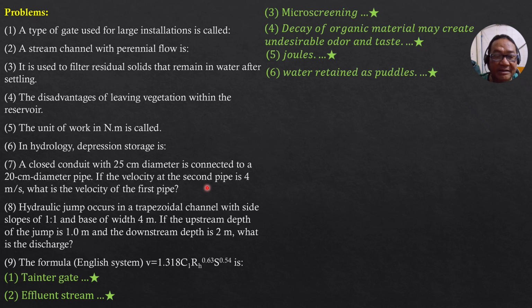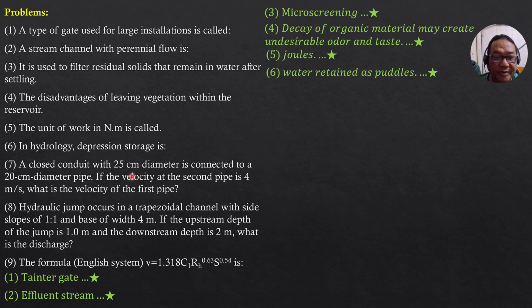Because the cross section of the pipe is circular, area is pi over 4 diameter squared. So pi over 4 diameter 1 squared times V1 equals pi over 4 diameter 2 squared times V2. So we cancel out pi over 4, which remains diameter 1 squared V1 equals diameter 2 squared V2.